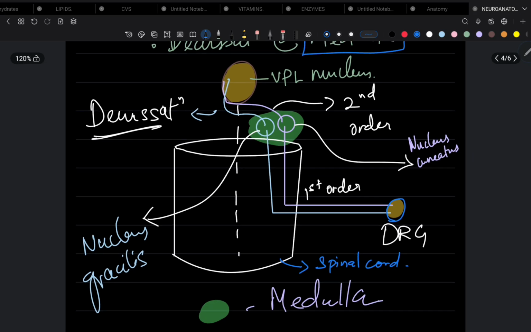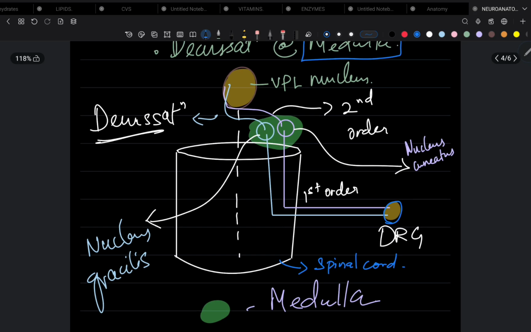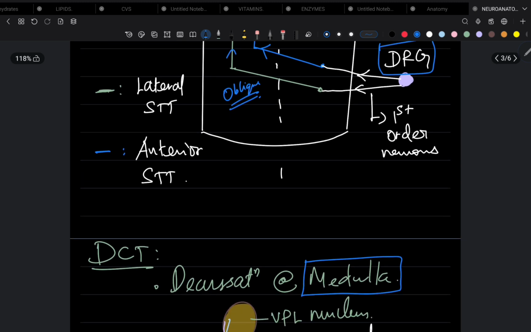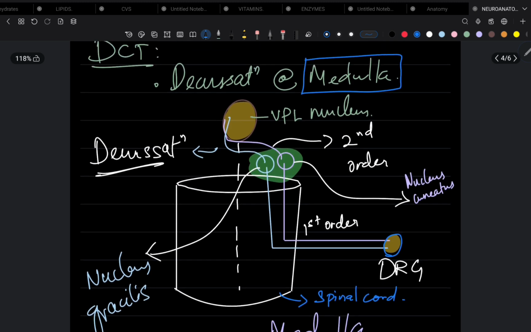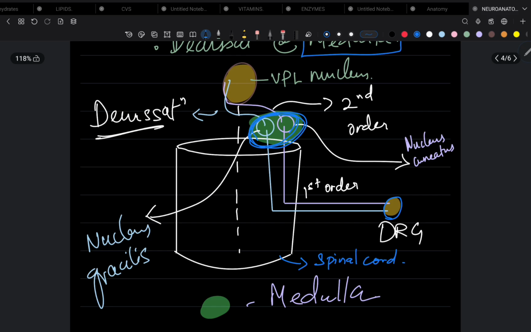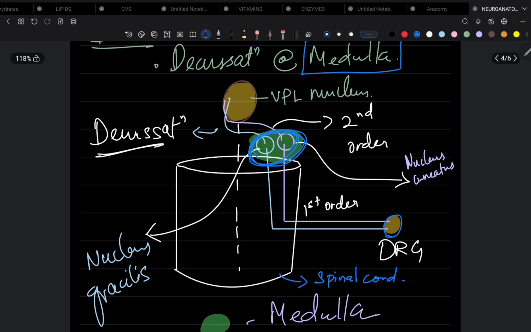And the difference is, in the STT we have seen that the fibers decussate at the level of spinal cord itself, but in DCT the nerve fibers decussate at the level of medulla. So this green color portion is the medulla oblongata, where the dorsal column tract decussates, and it relays on the same nucleus as STT, that is VPL nucleus of the thalamus.